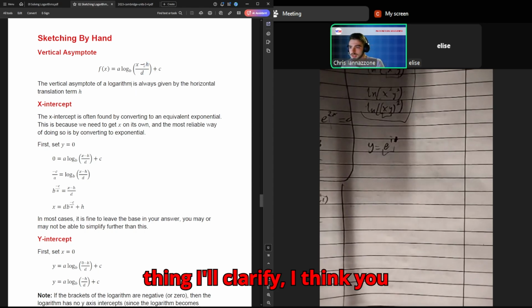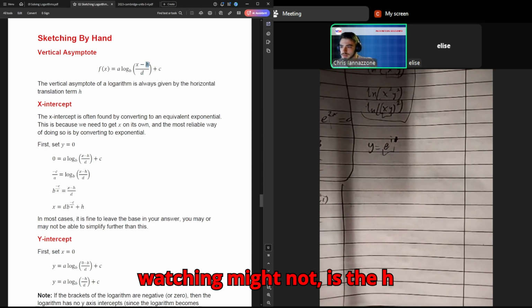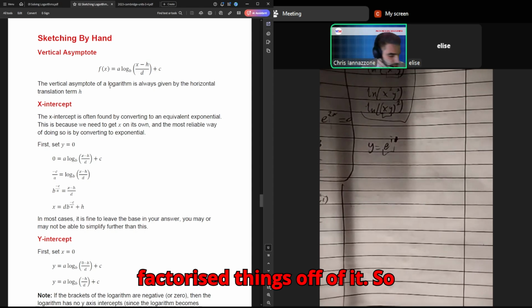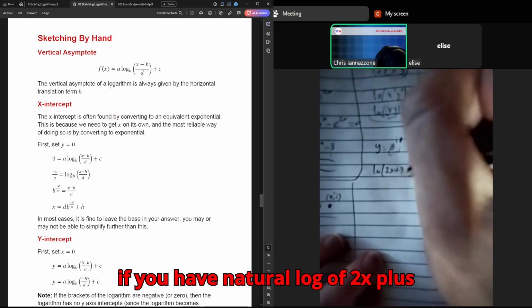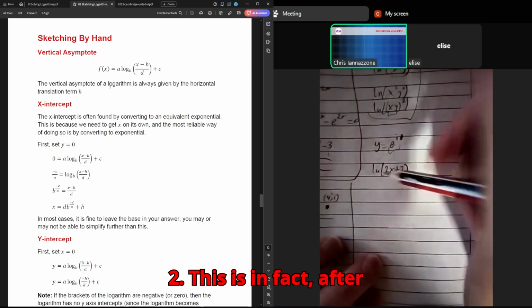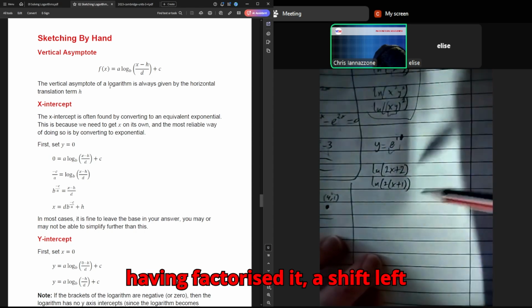Only thing I'll clarify, I think you understand this, but I think other people watching might not, is the h term is the term after you've factorized things off of it. So if you have natural log of 2x plus 2, this is not a shift left of 2. This is in fact, after having factorized it, a shift left by 1.